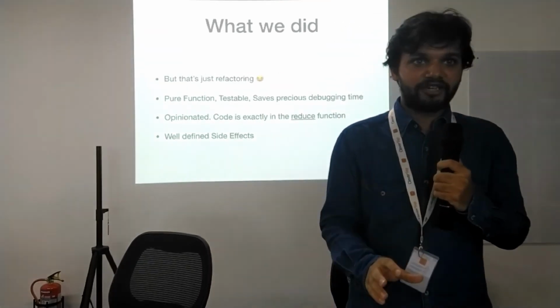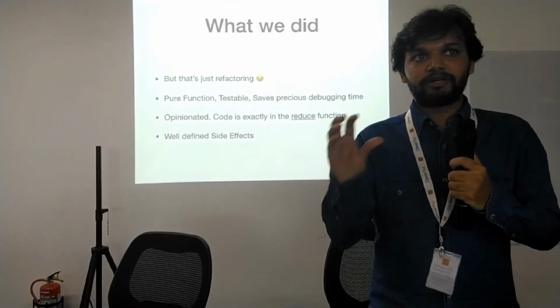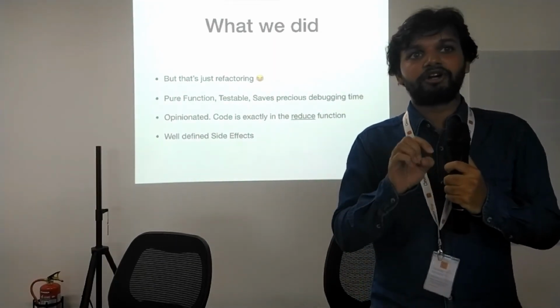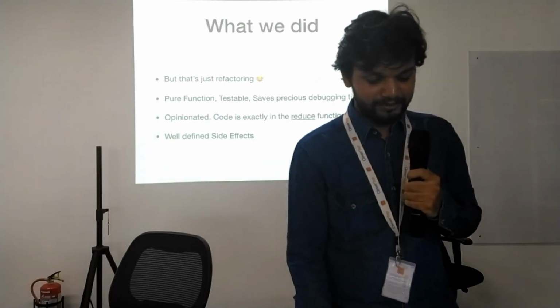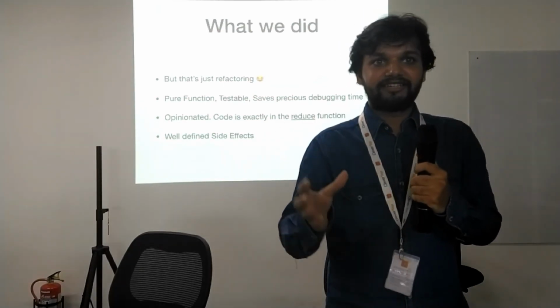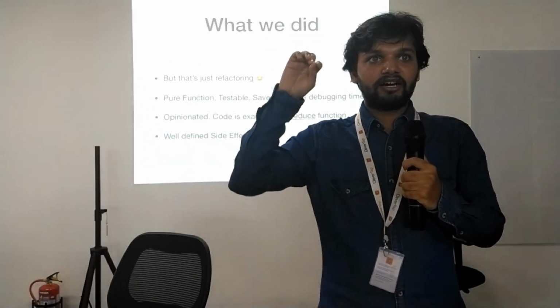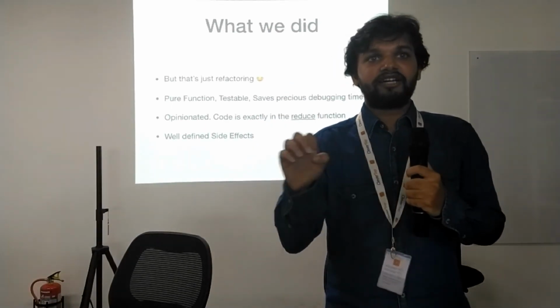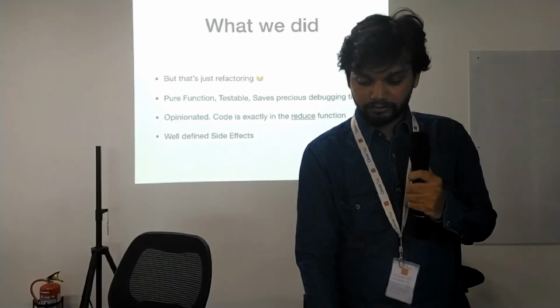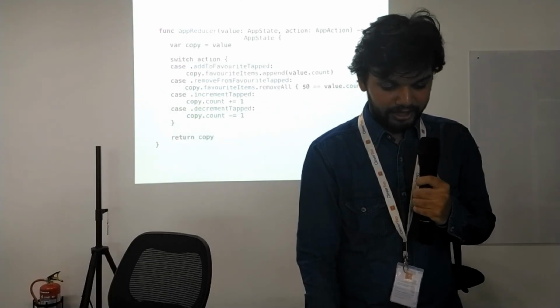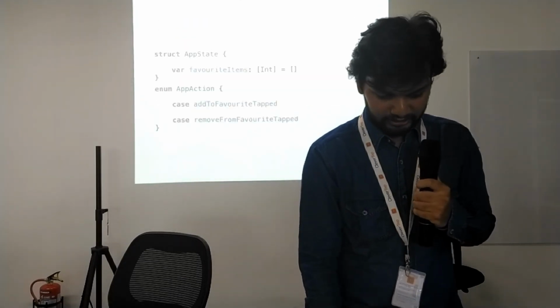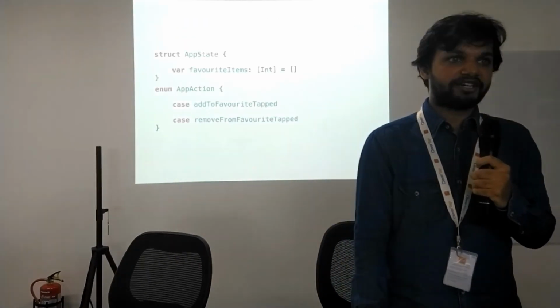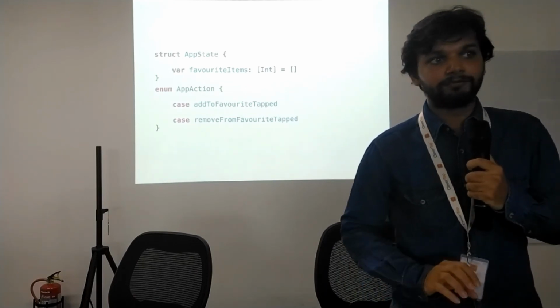When you use pure functions, you can pass a state and observe whatever changes happen. And this is opinionated, as in you know where a particular mutation will be. Now I want to add to this enum app action. What if I have tens of mutations?